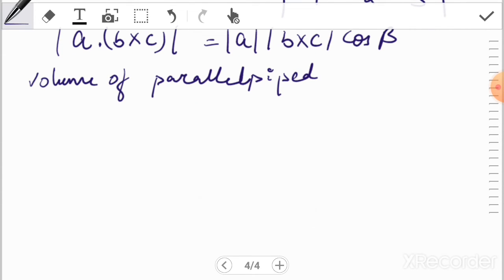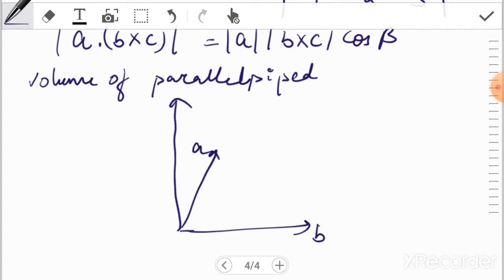Let me show what I mean. So let's say we have this as B vector, this as A vector and this as C vector.